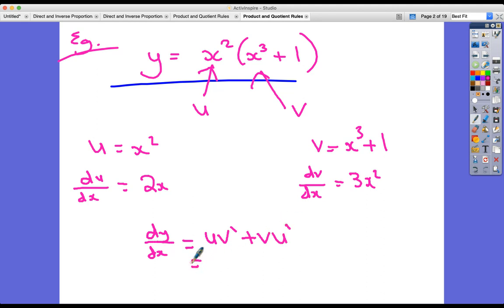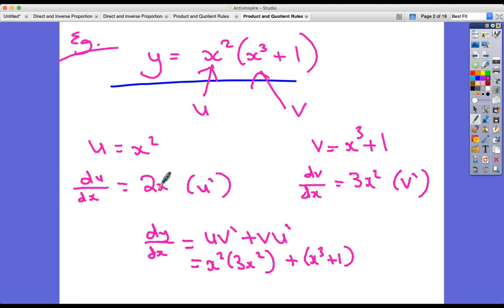Okay, let's put it together. u is x squared, v dash is this one, and this is u dash. So this is 3x squared, plus v, x cubed plus 1, multiplied by u dash, which is 2x.